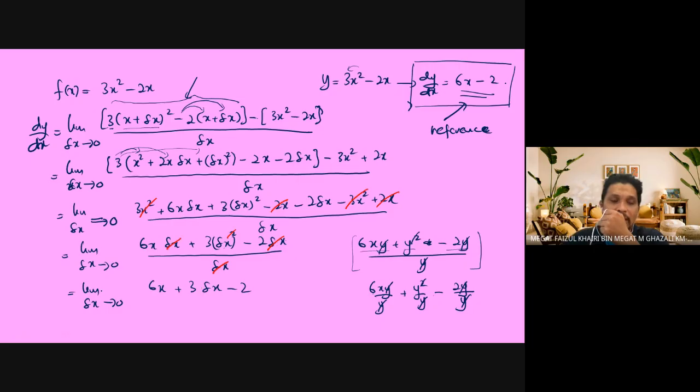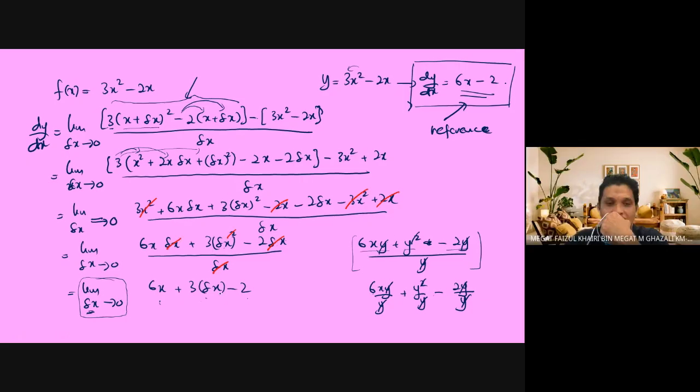So, okay, now we are going to use this instruction, limit of delta x approaching 0, from these three terms here now, 6x plus 3 delta x minus 2. Which of these three terms have the term of delta x? 3 delta x.